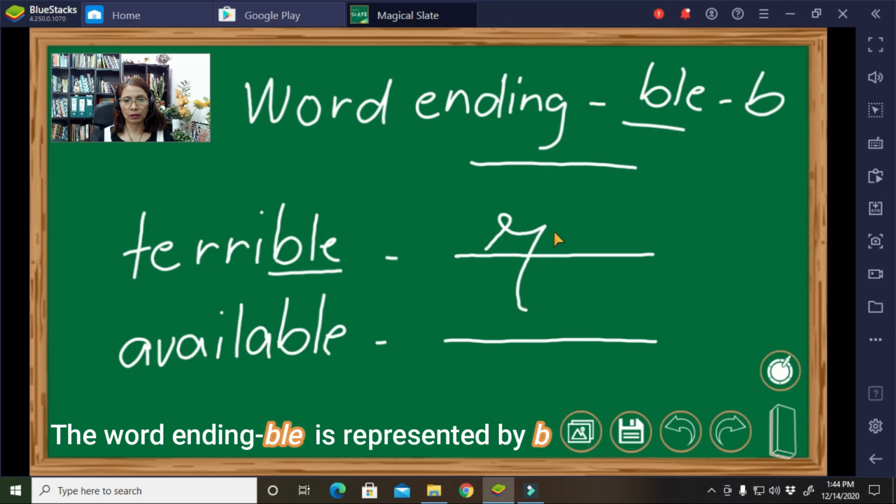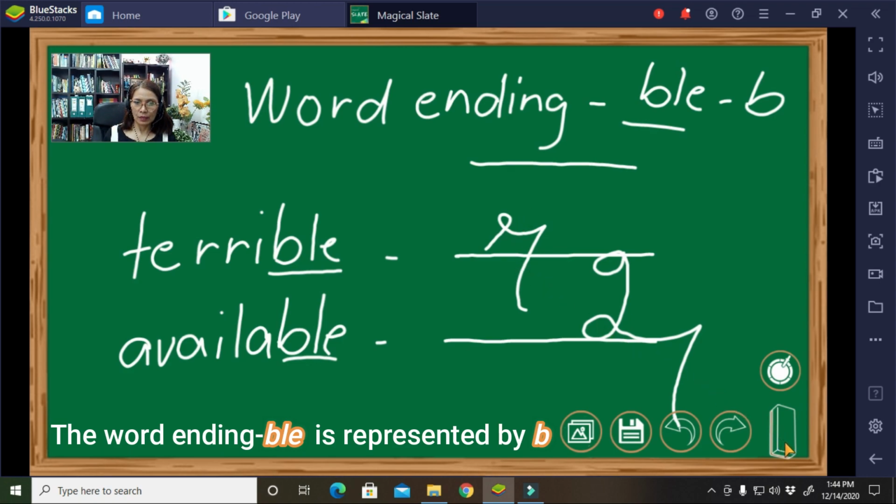This one alone is read as terrible. Next, available. We do have the sounds of A and then V and then a big circle for letter A again, then a forward curve and a downward curve again for the word ending in ball. So that is available.